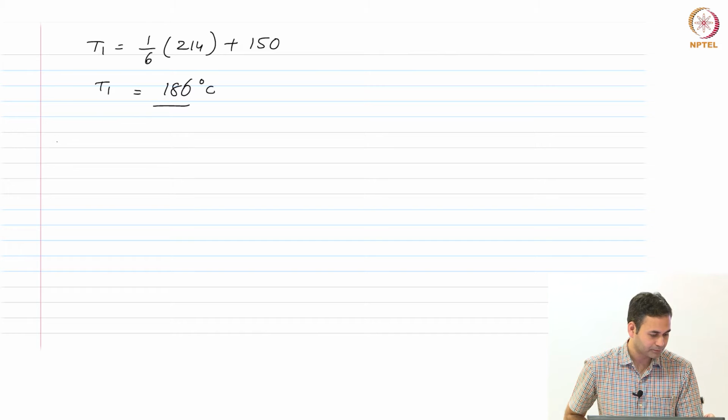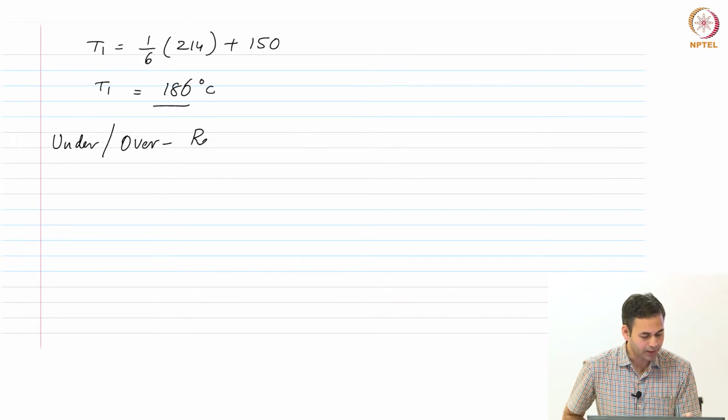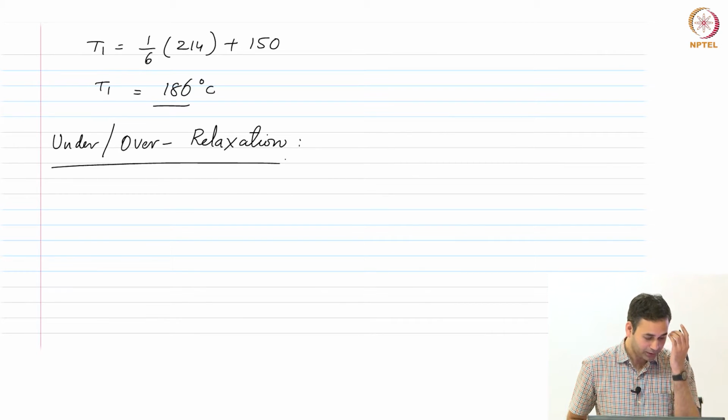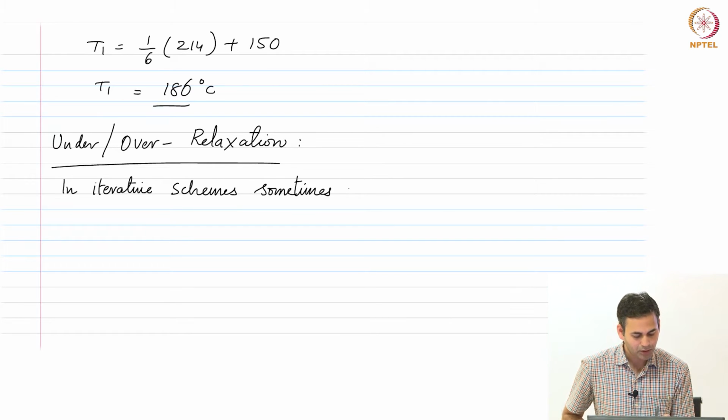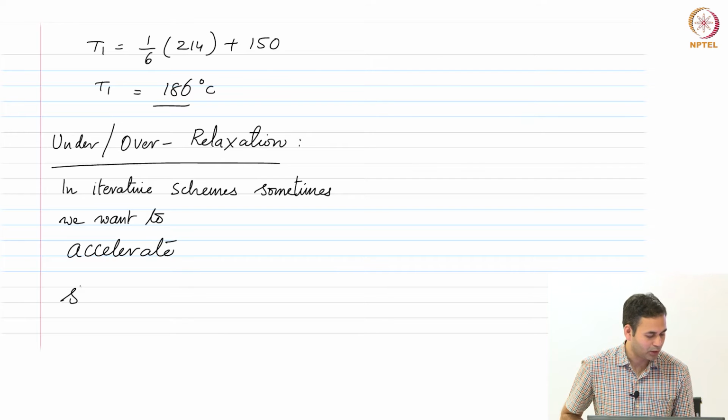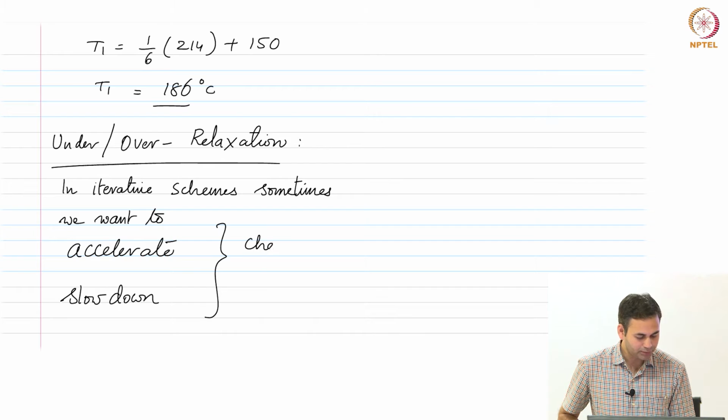So, this is either under or over relaxation. In the iterative schemes that we have, sometimes we want to either accelerate or slow down the change of the dependent variable.